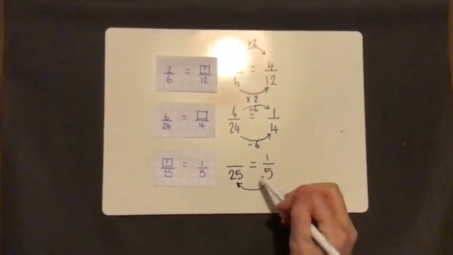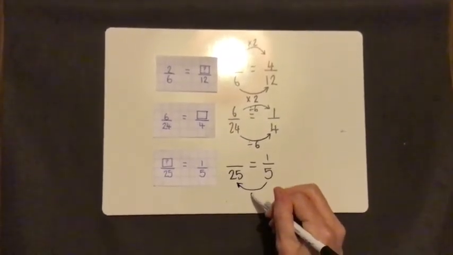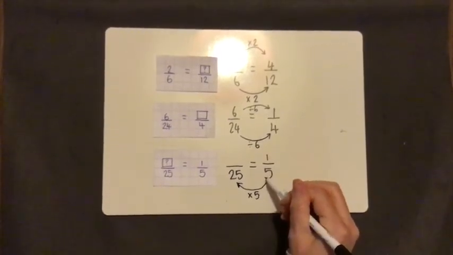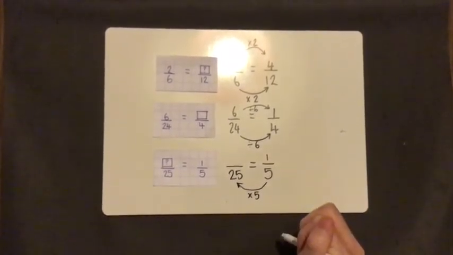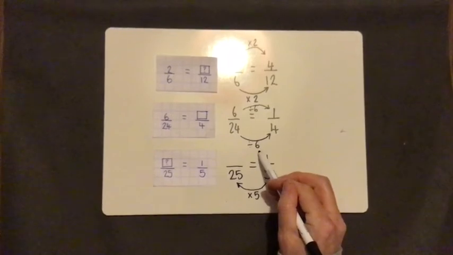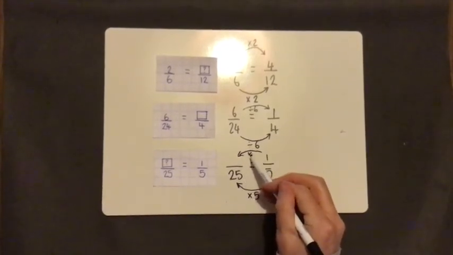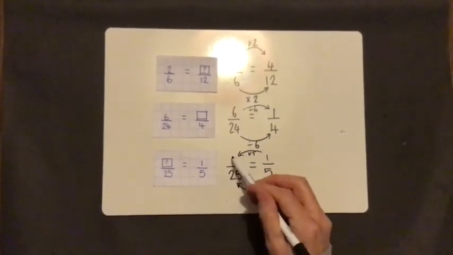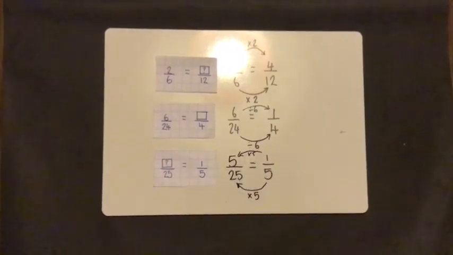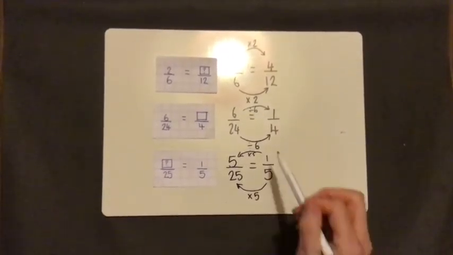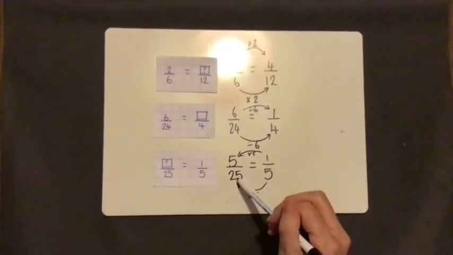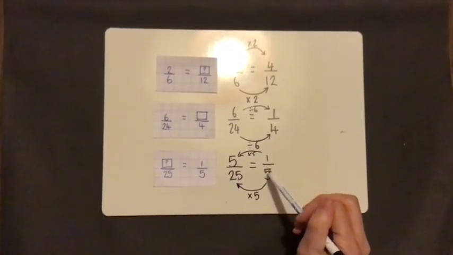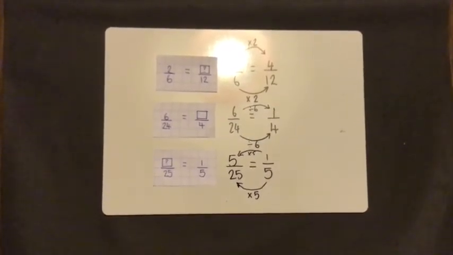And using our 5 times table this time, we know that 5 times 5 equals 25. So we're going to do the same on this side. 1 times 5 equals 5. So we end up with 5 25ths is equal to 1/5. And that's how we use our multiplication and division to work out equivalent fractions.